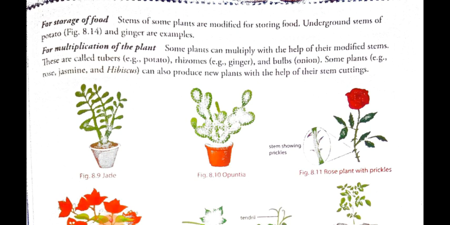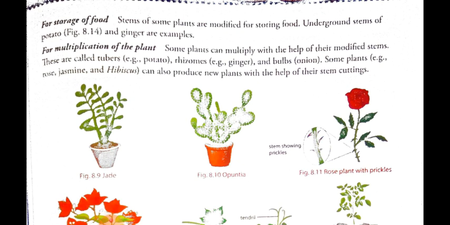Next, in some plants, stems are used to multiply. How are they used to multiply? We cut the stem of one plant and bury it in another area, and we saw that leaves start coming out and a new plant grows from that stem, like in the case of the rose plant.